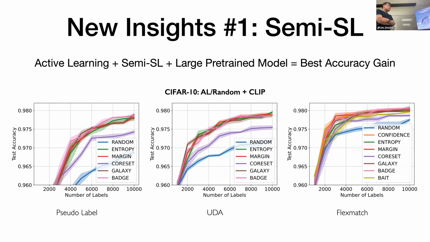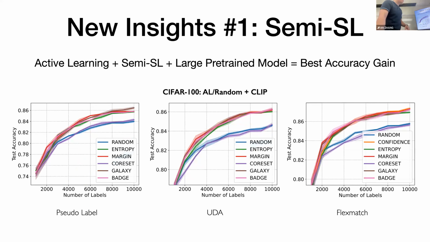I don't think I had the plots of the passive training here, but imagine there's a passive training plot. All these are better than that. So it just confirms the story that adding semi-supervised learning, even if you're not using FlexMatch, the state of the art, you're still getting a lot of accuracy gain. This is on CIFAR-100, basically a similar story.